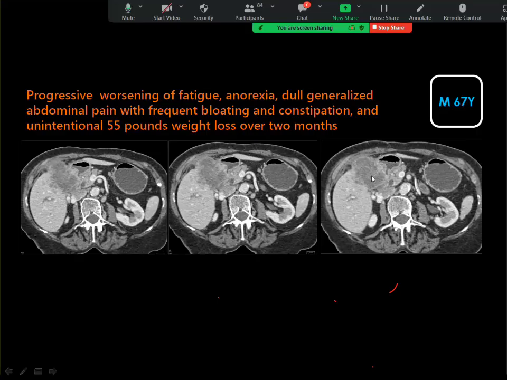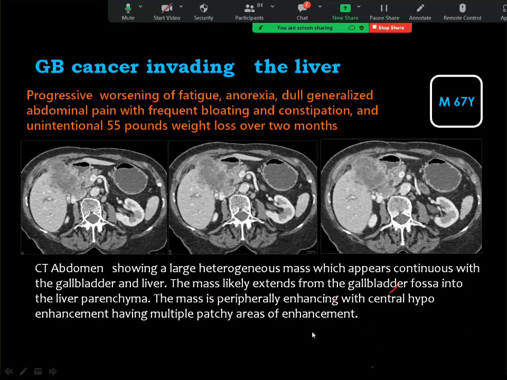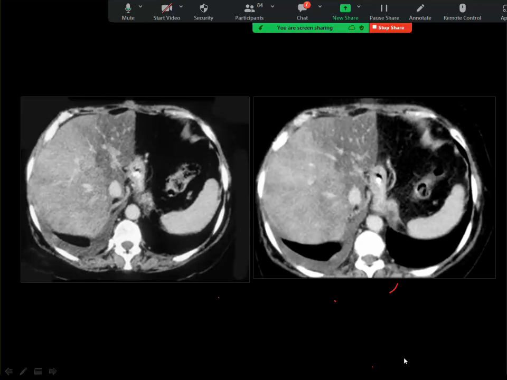The differential diagnosis of carcinoma is lymphoma and metastasis, as I usually say. Then don't consider this as hepatocellular carcinoma invading the gallbladder fossa, because this, in my opinion, is rare, or I didn't see it actually. Then this is the cancer gallbladder invading the liver.